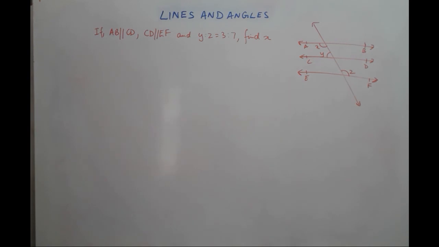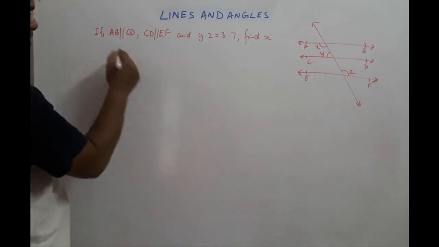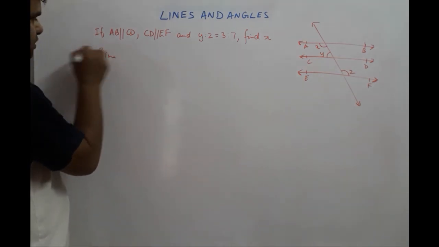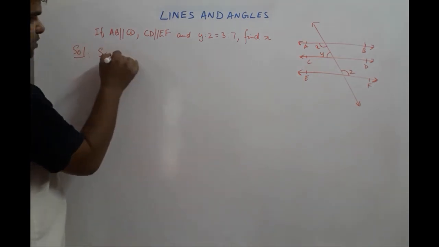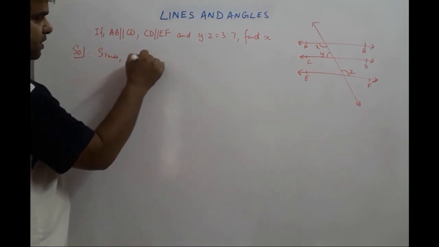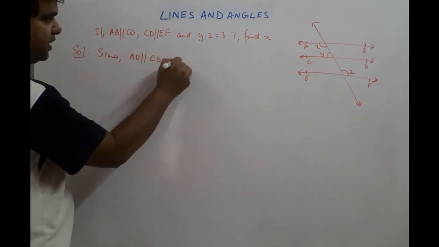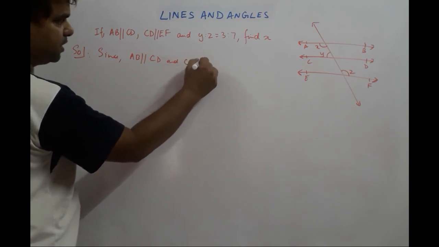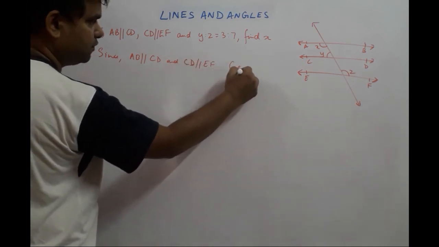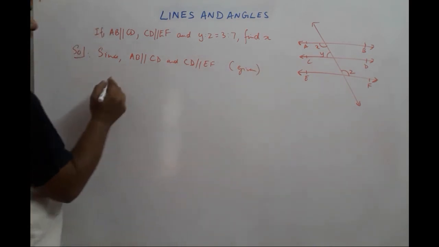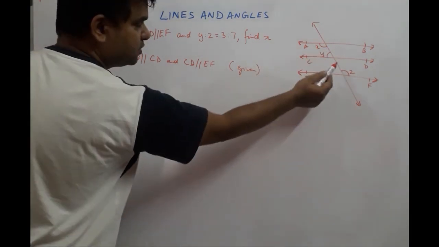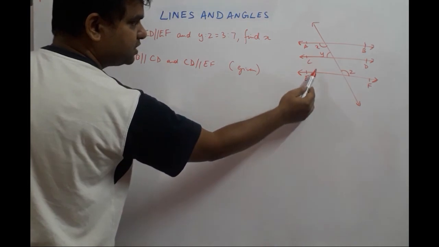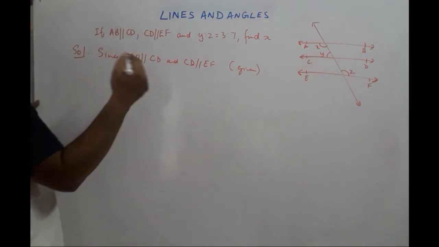We have been given that AB is parallel to CD and CD is parallel to EF. So let us first say that since both are given, this is parallel to this and this is parallel to this, we can say this is parallel to this through one of our axioms.